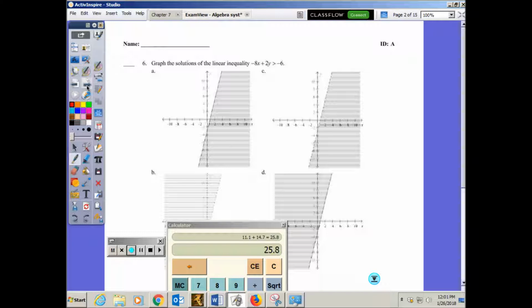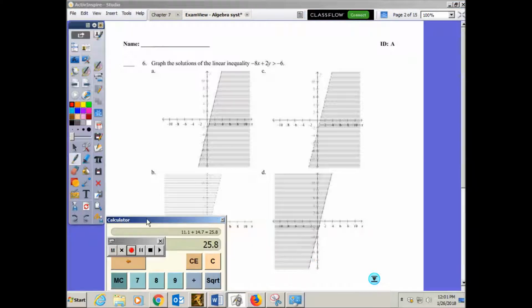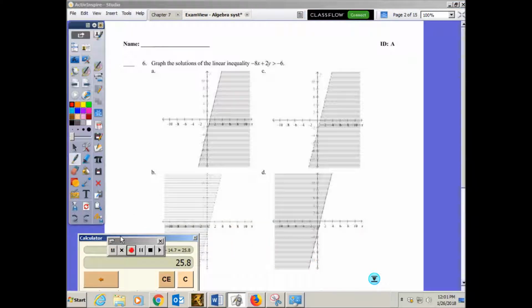So here's the nice thing about this. It's multiple choice. If you look, the line is the same in every problem. You don't even have to figure out how to graph the line. Negative 8x plus 2y is greater than negative 6. They've graphed it for you.